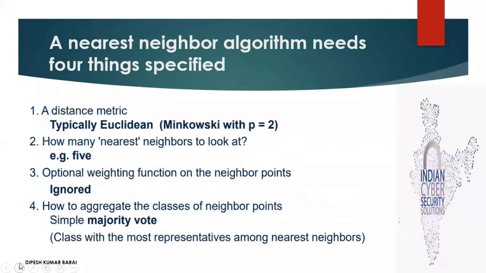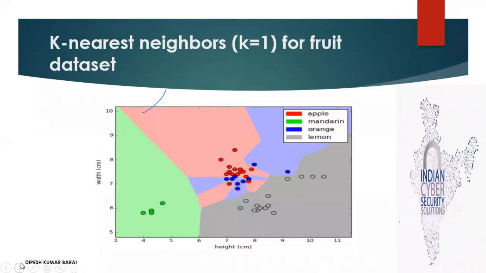Okay, so we'll typically take the Euclidean distance, and we can see that most of the good accuracy comes if we take the k value as 5, and here we'll ignore the voting function, and we'll take the classes by the majority vote. Okay, I have already told you that.